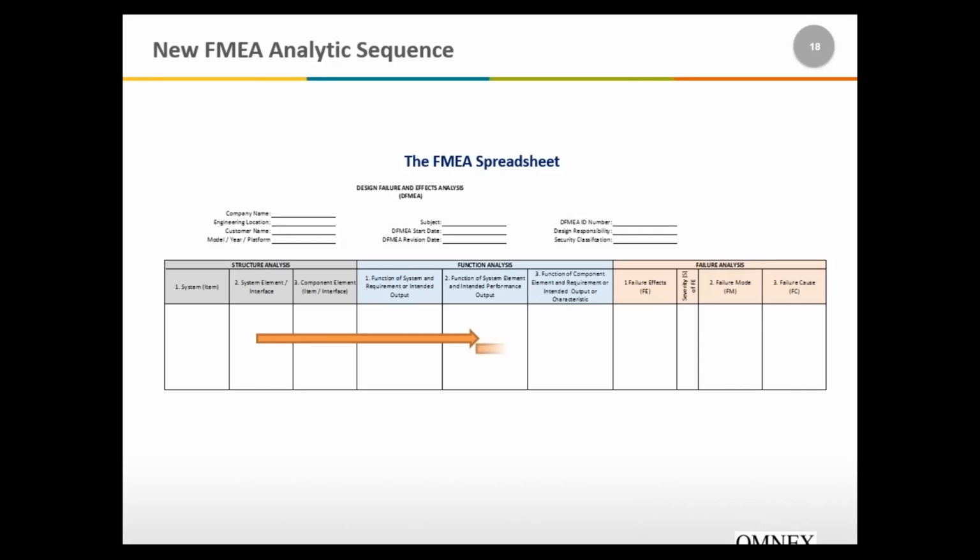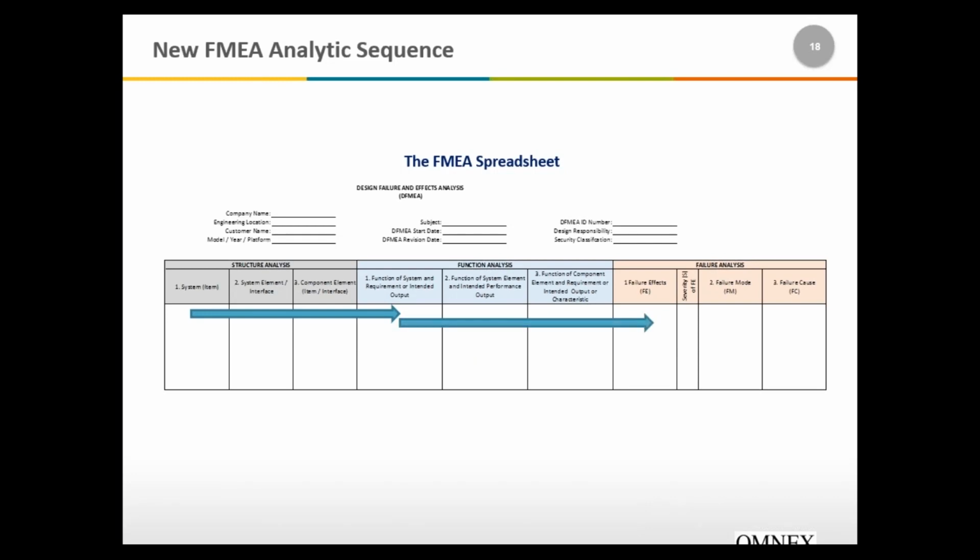It has functions and requirements. So in the function analysis, we're going to the function and requirement, again in the middle. And then it has failure modes. Once you have a requirement, the negation of it will give you a failure mode.